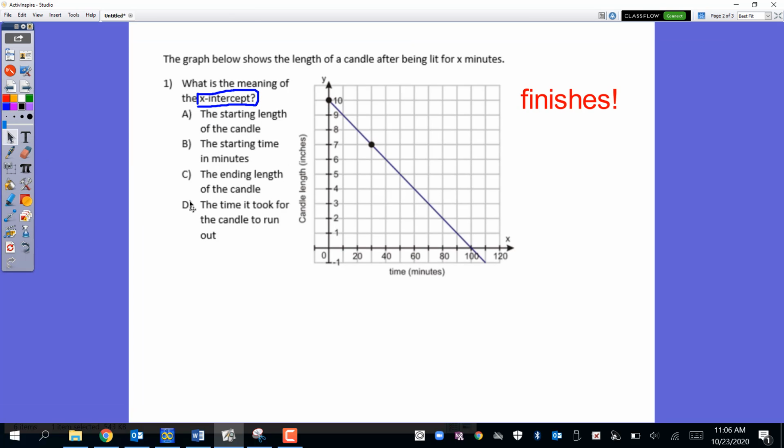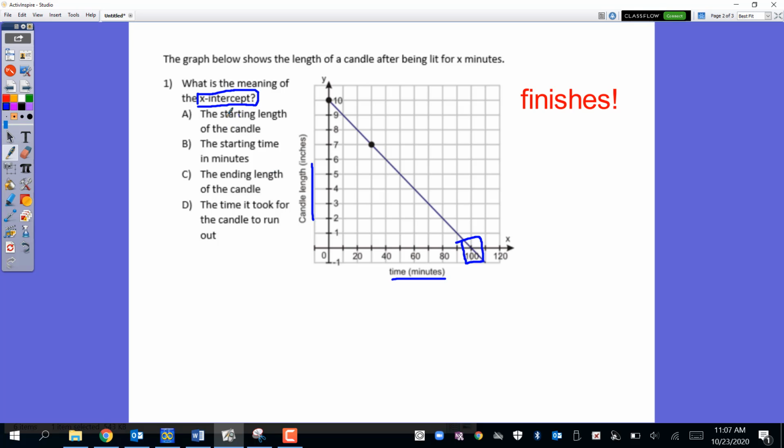So, first of all, on my graph, the x-intercept is down here where it crosses the x-axis at 100 minutes. Well, what's happening at 100 minutes? It's the finishing, the end of the candle, because we know it's the end of the y. The y was labeled candle length.